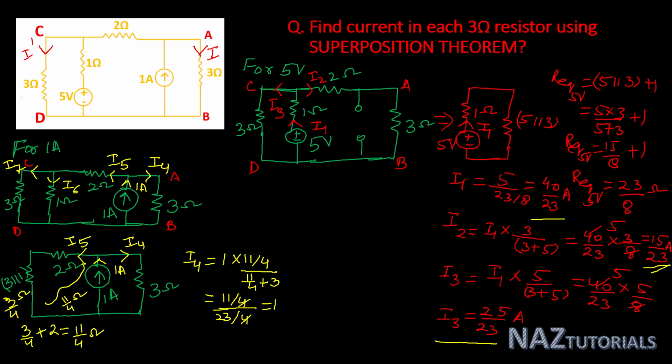So this value is 11 by 23 ampere. This is the value of I4 which we have to calculate.